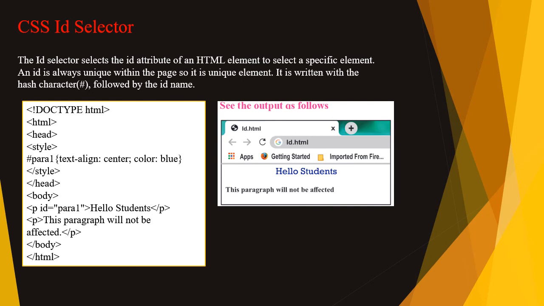So we can use ID, but we cannot reuse it freely. Here are two same elements, that is the p element, but the style is applied to only a single element. That is why we are using the ID selector. So simple.